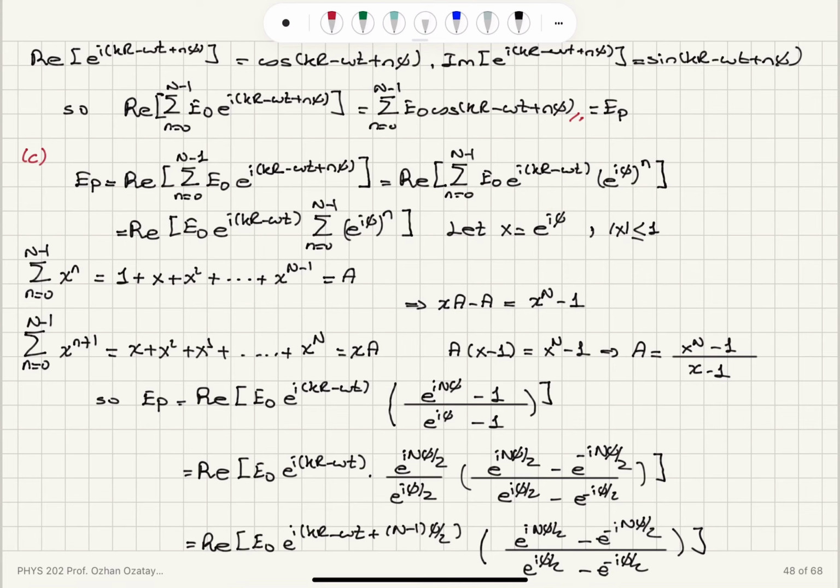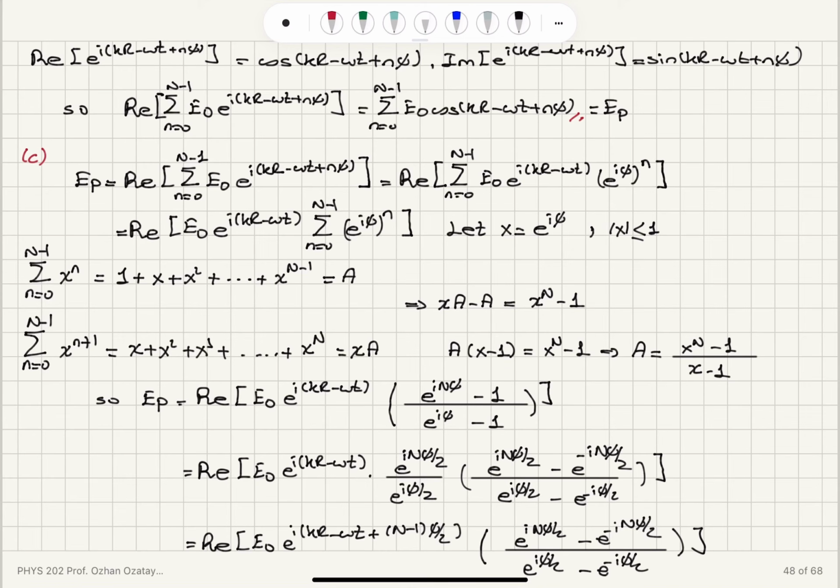And what remains at the front is basically something that doesn't belong to the summation, so I can take it out. So the summation is on this term, and e to the i phi is something less than or equal to 1 in magnitude.